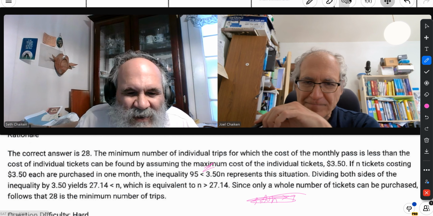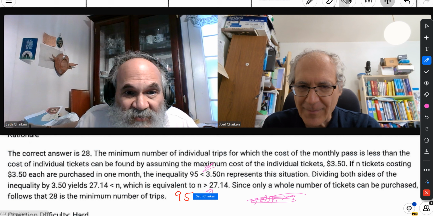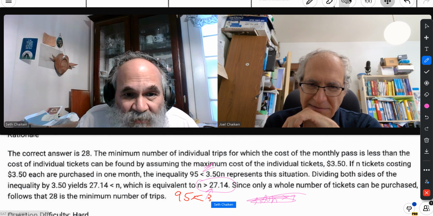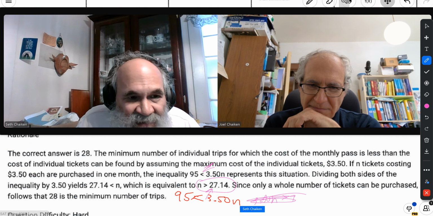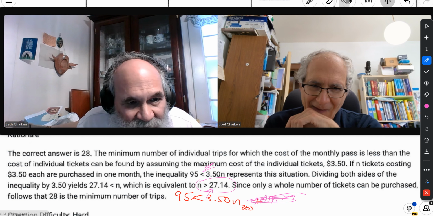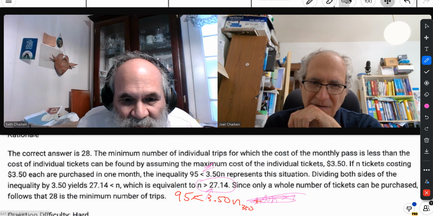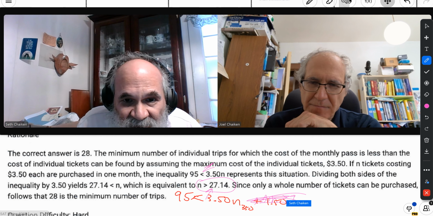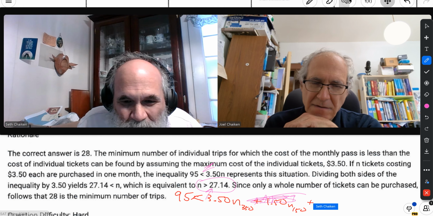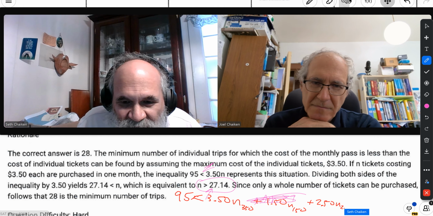Well, the inequality that I was concerned with was 95 is less than 350 times n sub 350 trips, plus 150 times n sub 150, plus 250 times n sub 250.